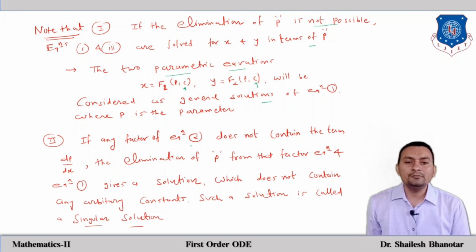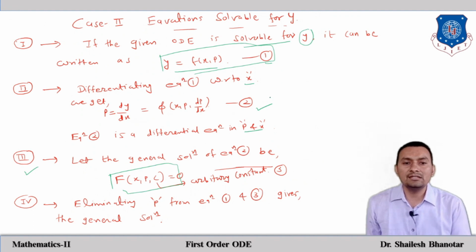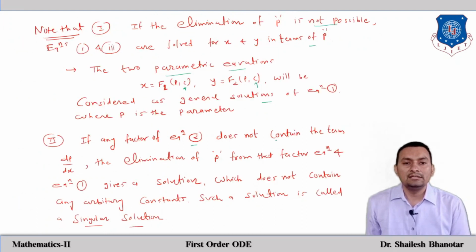If any factor of equation number 2 does not contain the term dp by dx, then the elimination of p from that factor and equation 1 gives a solution which does not contain the arbitrary constant, and such a solution is known as a singular solution.